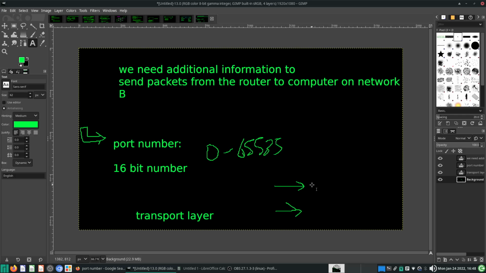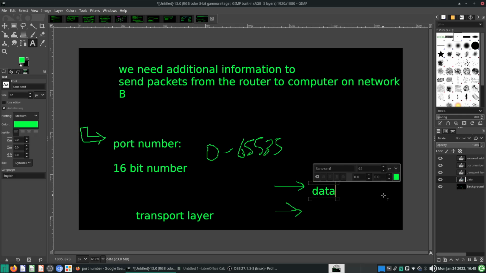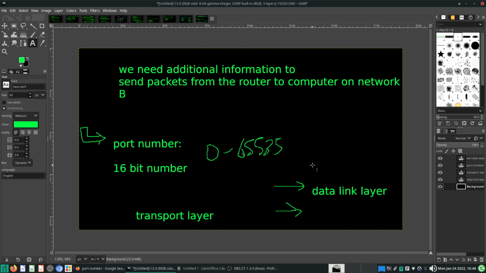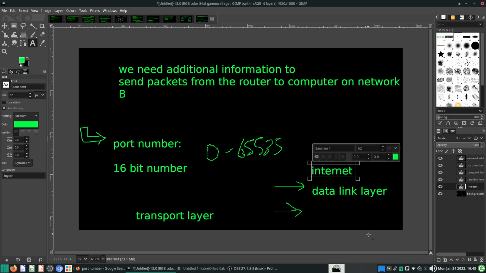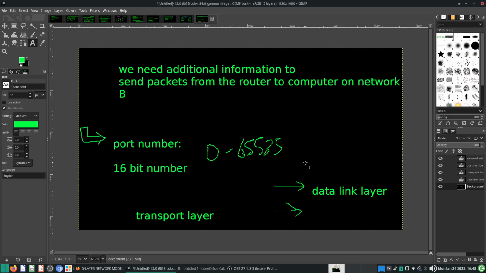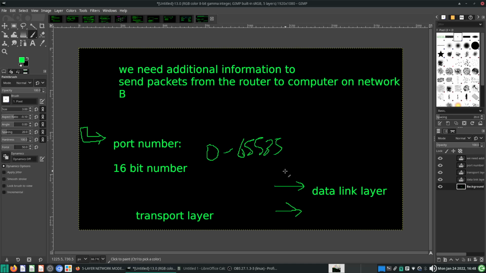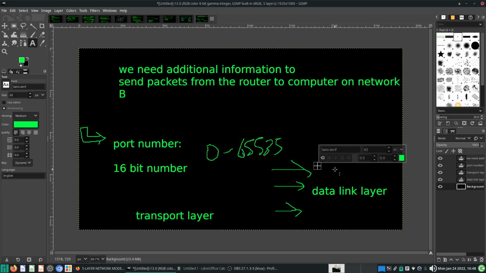When we talk about Ethernet, Ethernet is actually part of the data link layer, because there's so much going on that you have to separate things out by layer. When you talk about IP addresses, we call this the internet networking layer.